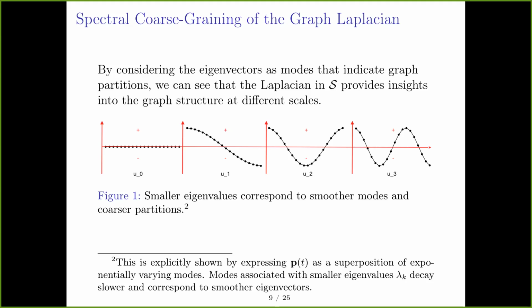But we can go on. We can look at the eigenvectors associated with larger eigenvalues. And what we see, very much in the Fourier sense, is that the eigenvectors play the role of frequencies or energies, and the eigenvectors then get rougher or smoother. So the larger the eigenvalue, the rougher the mode, and the finer the partition of the graph.